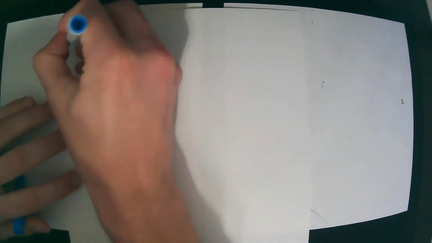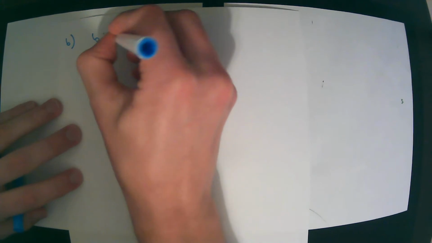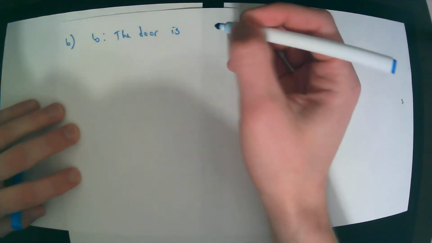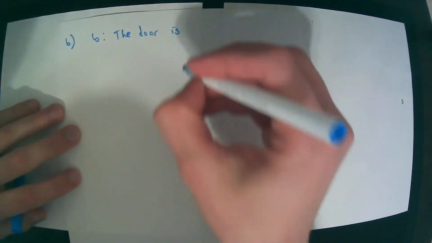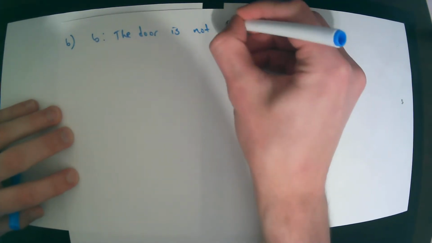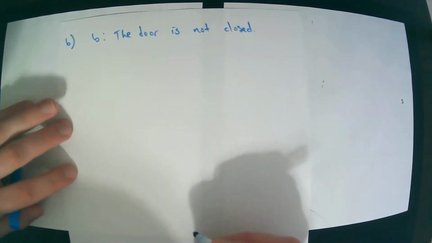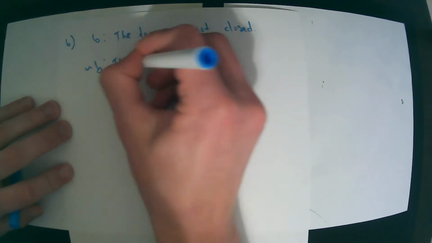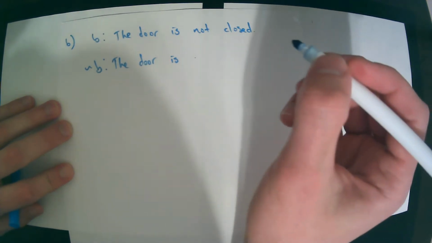Now for part B, I've named the statement B, and the statement is, the door is not closed. So the negation of B then is going to be the door is open.